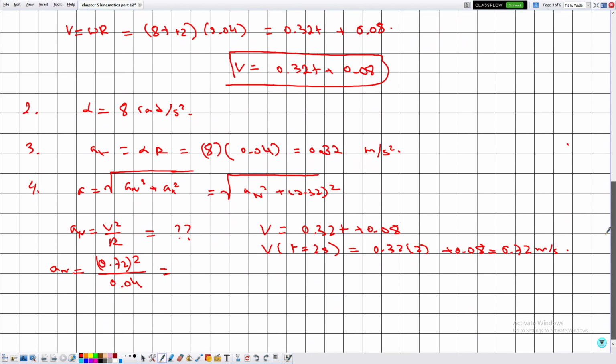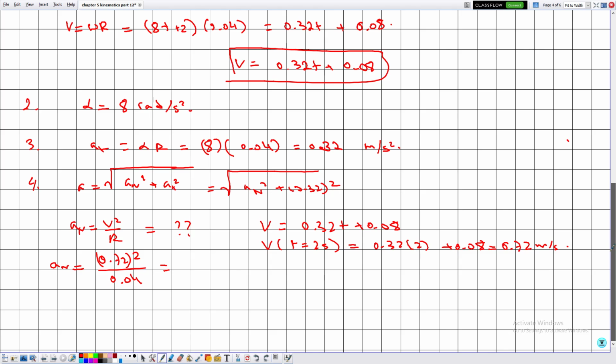Okay, great. So everything is correct, I expect. So this is given by 12.96 meters per second square.